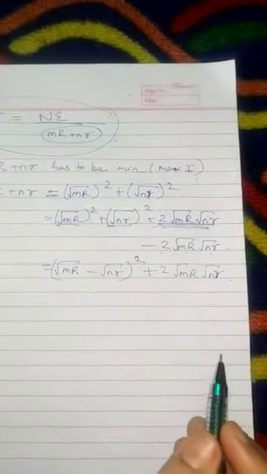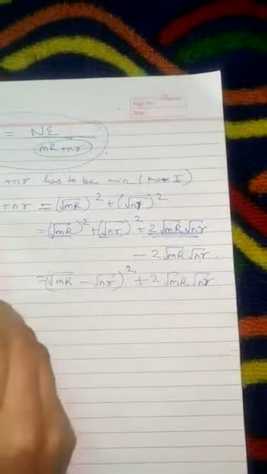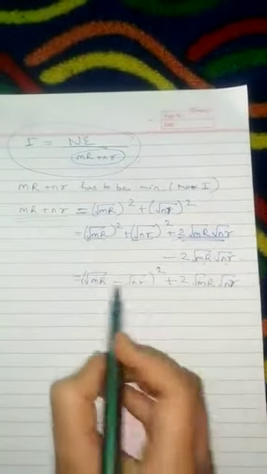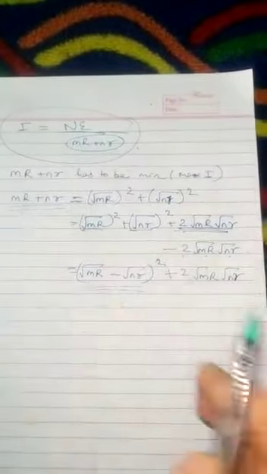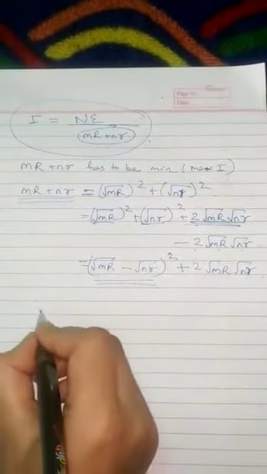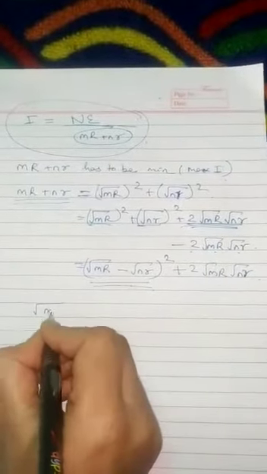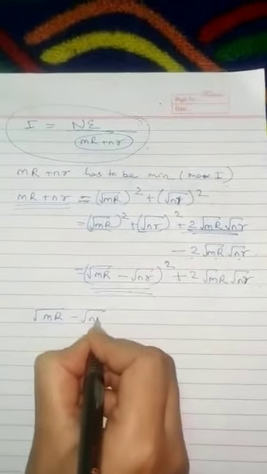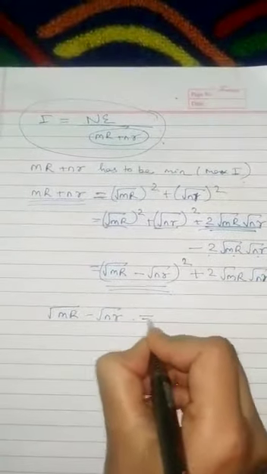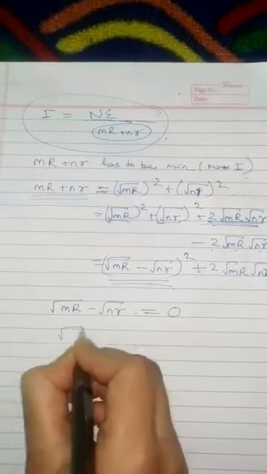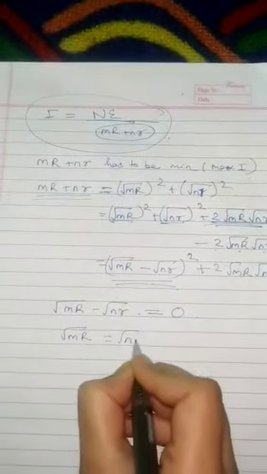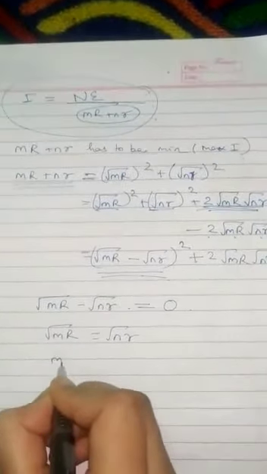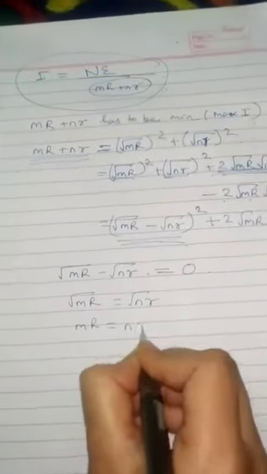Now to make this term a minimum one, this has to be 0. Unless it is 0, you will not get this term as a minimum one. So to get this minimum value, root MR minus root NR has to be equal to 0, which implies that MR should be equal to NR.